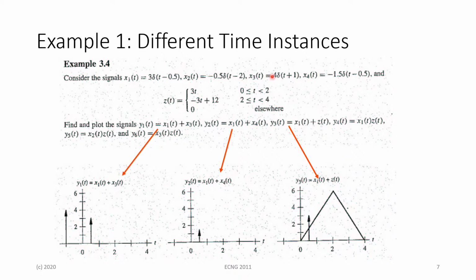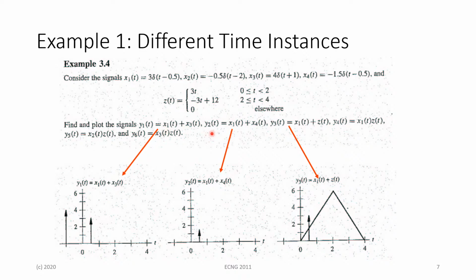Similarly, our x3 signal here is 4 delta of t plus 1, so that means it occurs at t equal to negative 1 on the time axis, and has a magnitude of 4. So when you have an addition of 2 or more impulses, you basically just draw the impulses accordingly on the graph, if you need to represent them visually, and you show each one in turn for an addition operation.